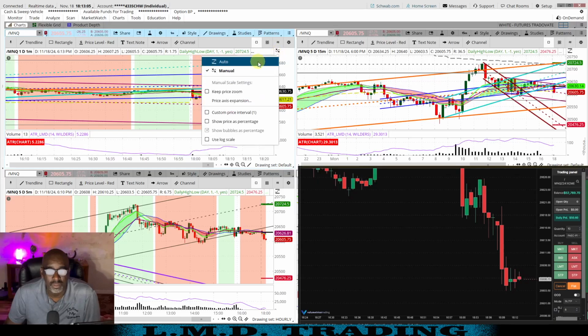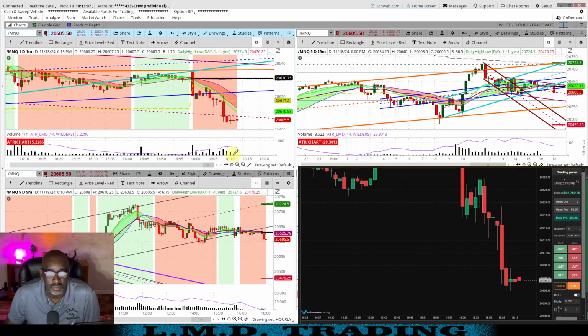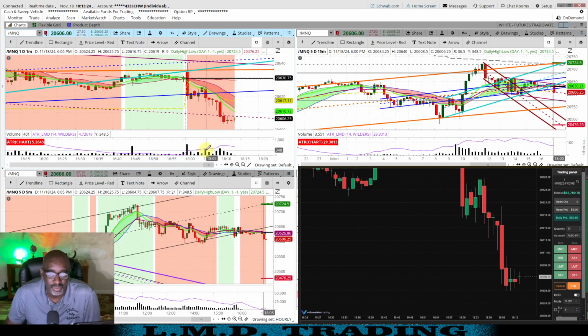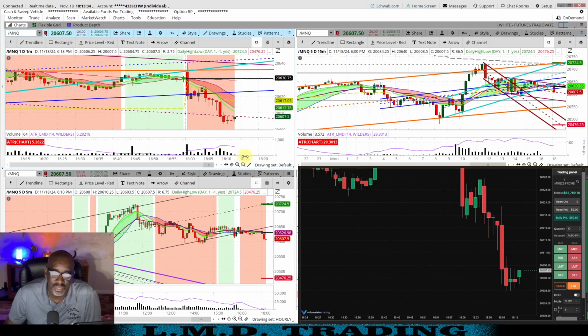Oh, and I'm wondering why these charts. There we go. Now you can see the volume. See how the volume is tapering down? I want to see the volume start tapering back up. And that's how I kind of read volume. Tapers down, tapers up, tapers down. I want to see that move back up. Look at that. So we getting to the point to where I say pressure make a pipe bust.